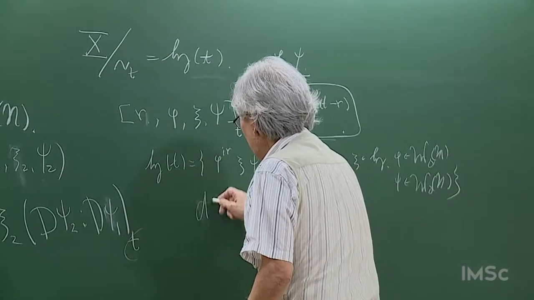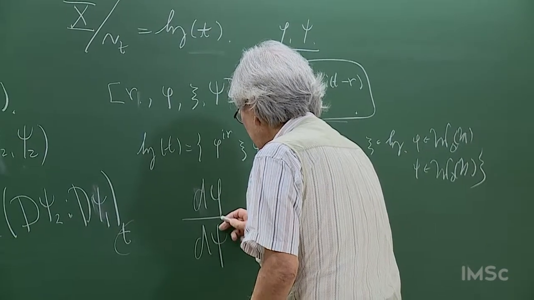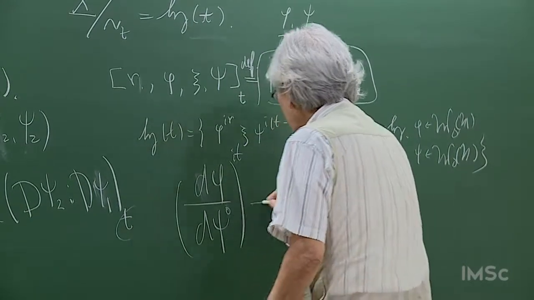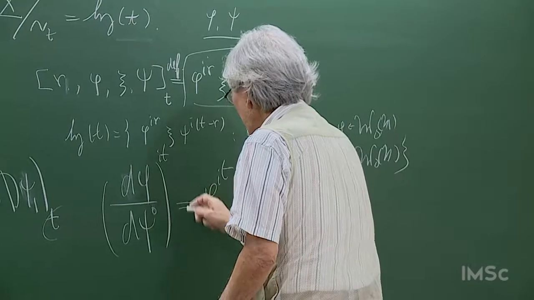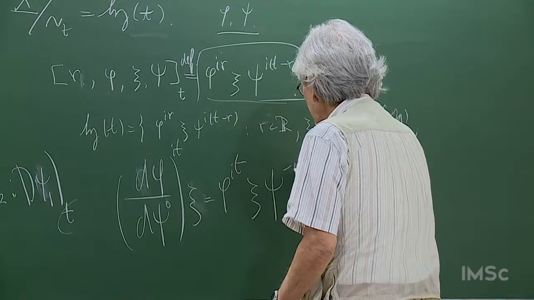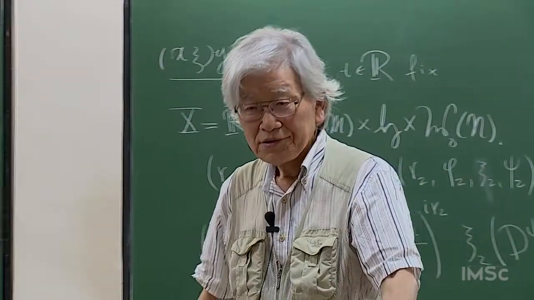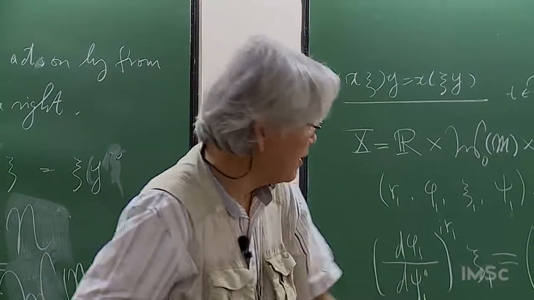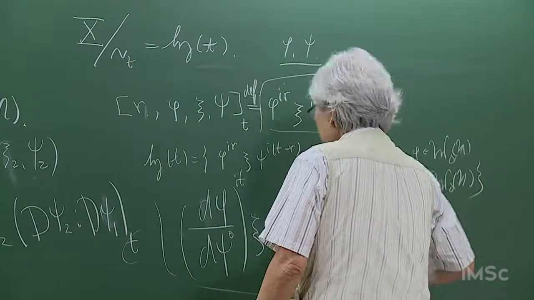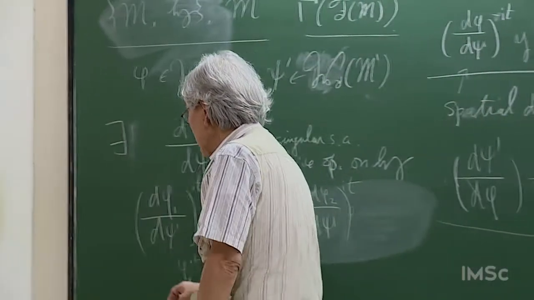So d phi d psi to the power IT, or the opposite, equals PIT applied to xi equals xi psi minus IT. Okay, that's what we have in mind. So with this much in mind, we can now introduce Hilbert space structure.